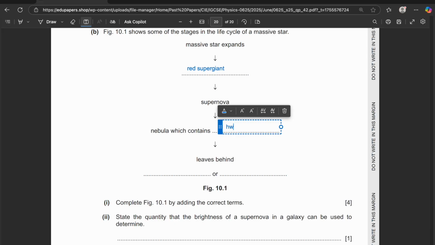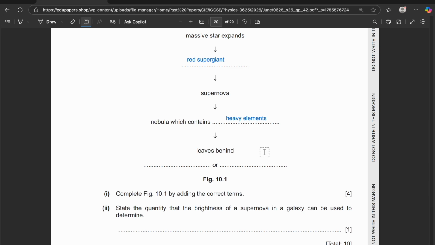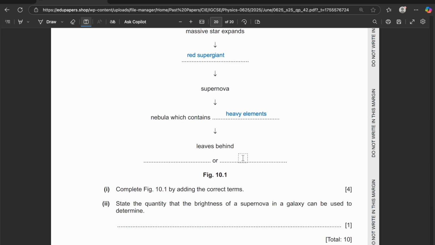So you can write that, and this will leave behind, after the explosion, either a black hole or a neutron star. Black hole or a neutron star.